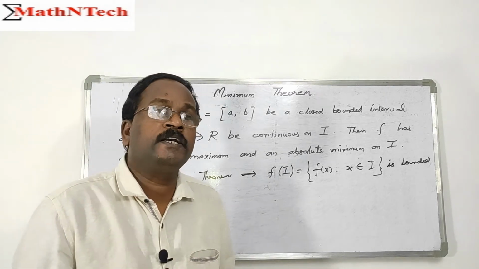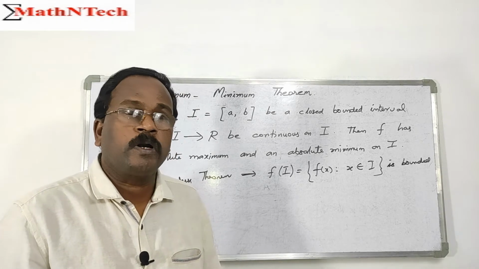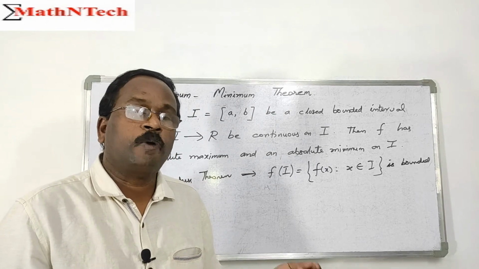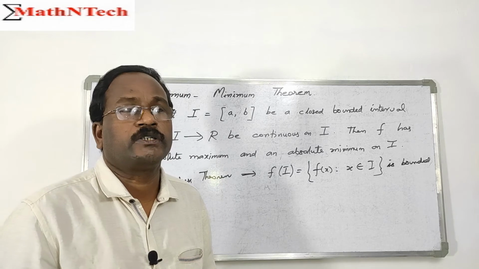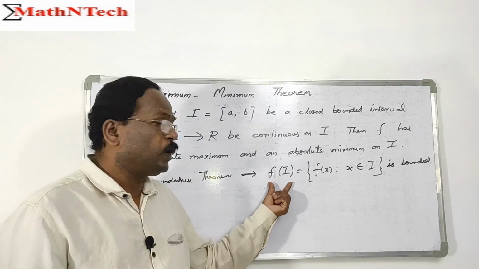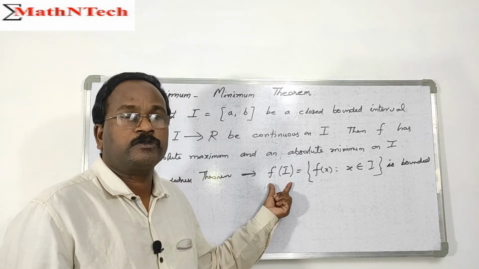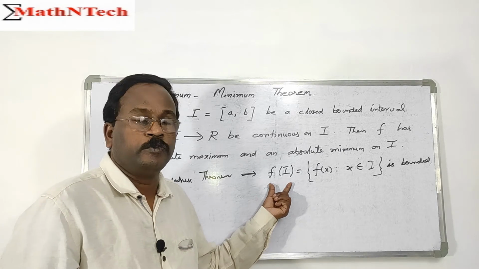Again, supremum and infimum. A set that is bounded above has a supremum value and bounded below implies it has an infimum value. f of I is bounded, so it has both supremum and infimum.